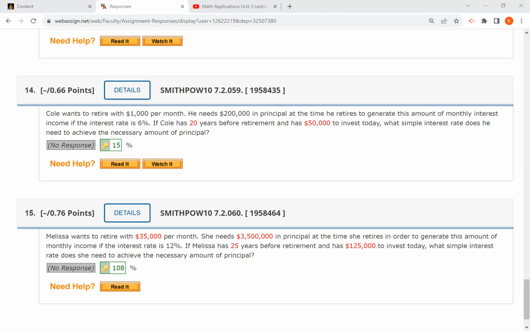So if you're doing those steps and you understand that, just know this would be a pretty high interest rate. I don't know that investments generally earn quite that much, but 15% is a big rate. And then the next one, if you noticed before, it was a very, very big rate. So I hope this helps. Have a good day.